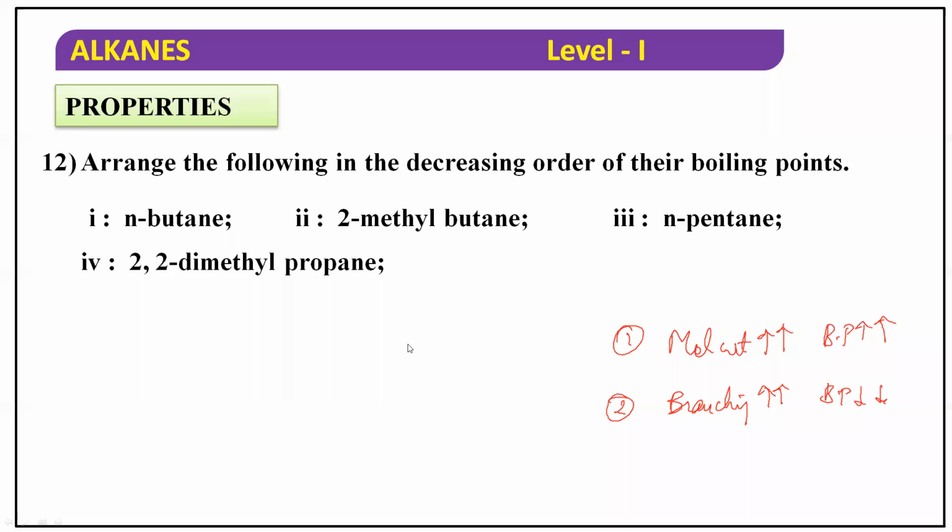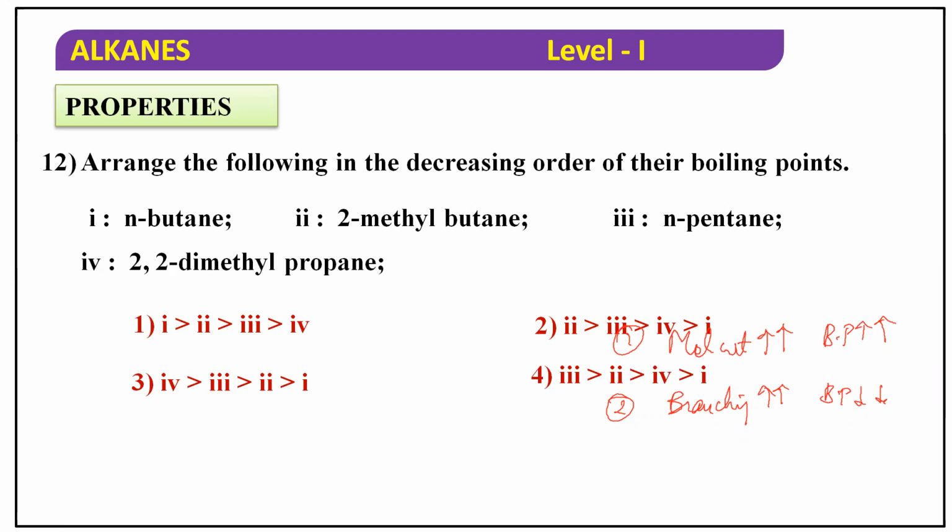So we have to select first the one which is having maximum carbon straight chain. Right, that is the first one. So based on that, try to do it. You will get the answer.